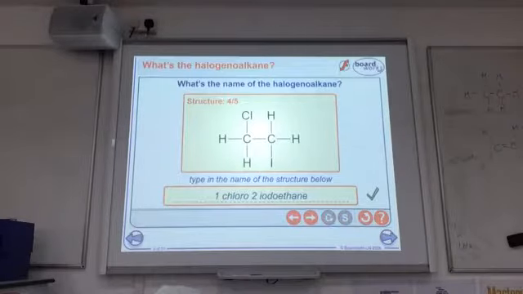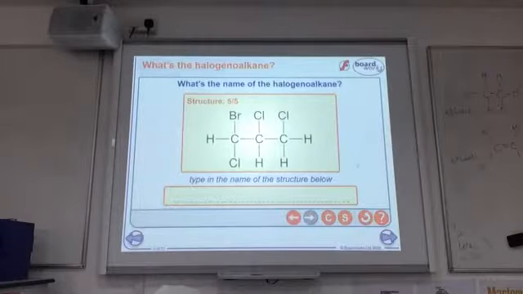Good work. Well, it's got 1 chlorine and 1 iodine. So if it's 2 of the same, then you would need di with it. Exactly. Okay. Let's try this one.